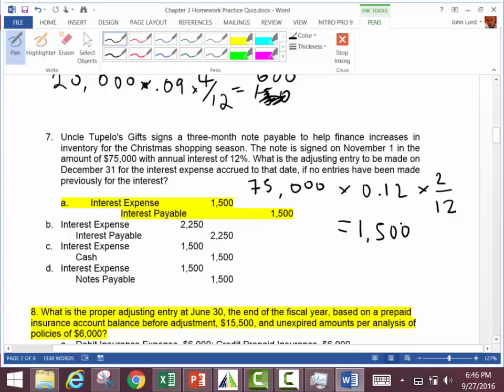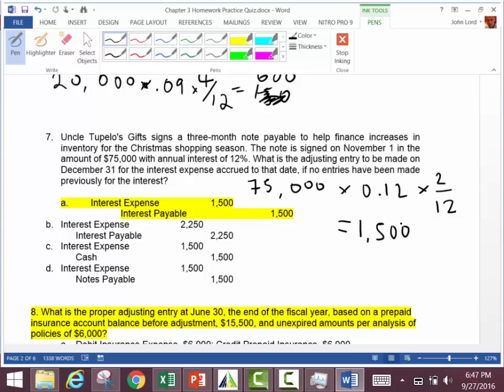Did you get 1,500? That's how you do them. If you don't, the calculator starts playing games with you. You got to hit equals each time. Don't do it the way I'm telling you, and then you'll be sitting there on the exam, and you'll come up to me and say, are you sure? Did you make a mistake when you made this test?